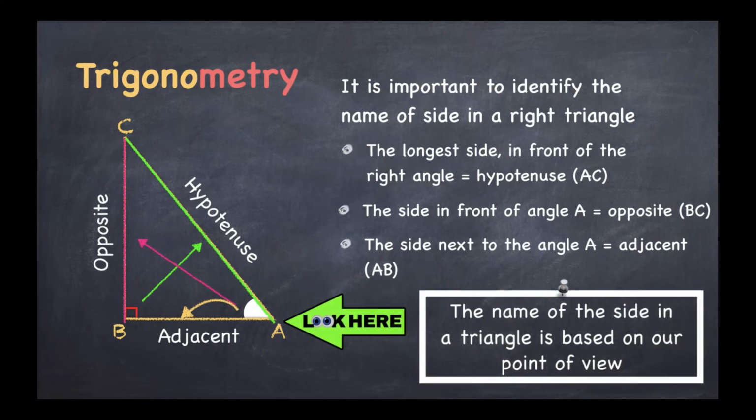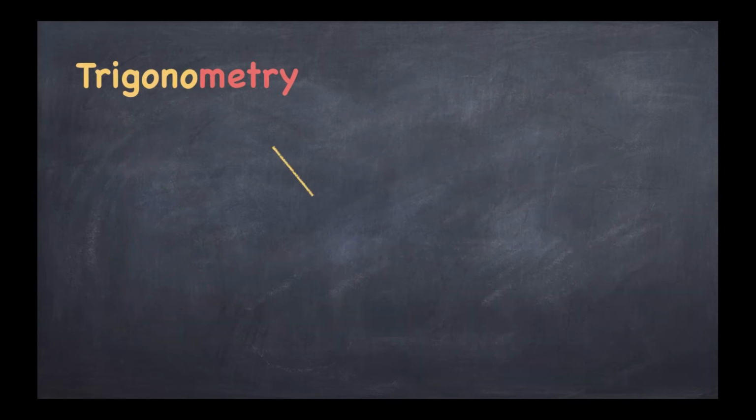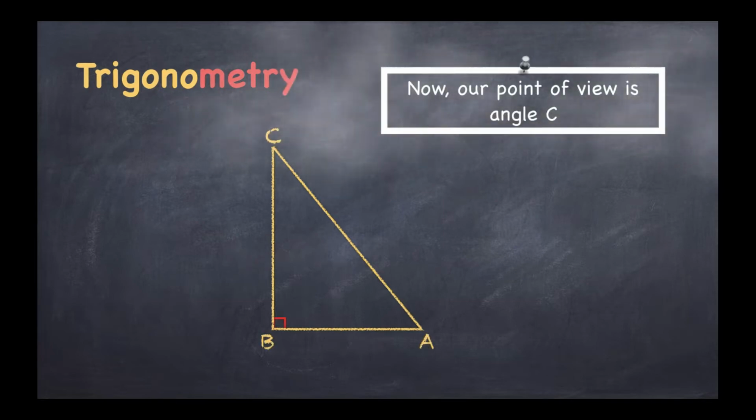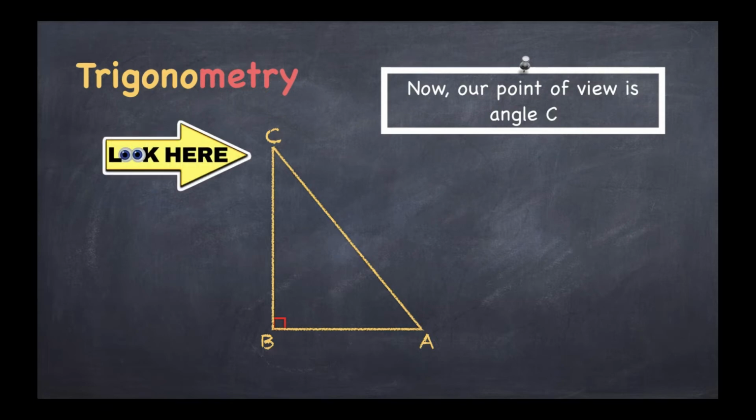The name of a side in a triangle is based on our point of view. And in this example, our point of view is angle A. Now, go on to the next example. So now our point of view is angle C. Look at angle C of this triangle.